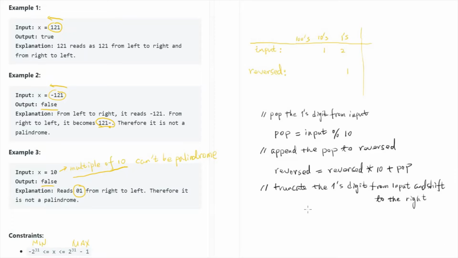The formula for this step is we will update input with input divided by 10. Let's continue the demonstration. This time, we will keep track of the values for all the variables.